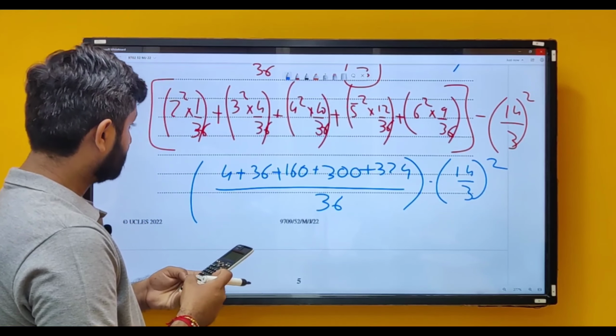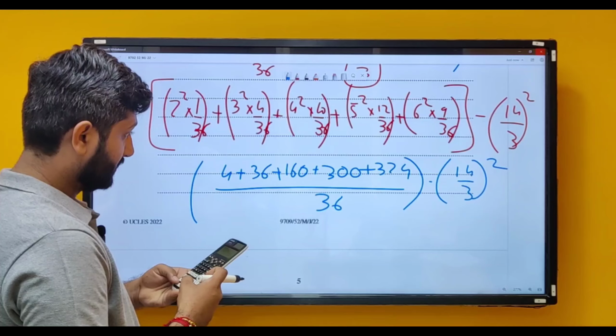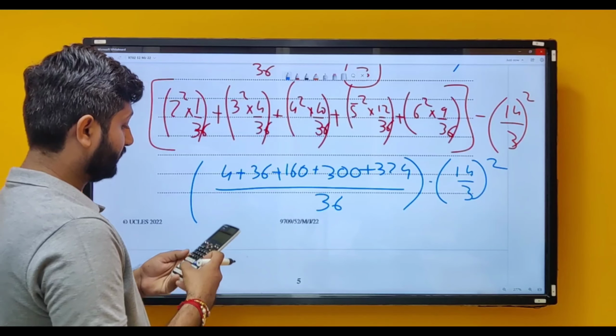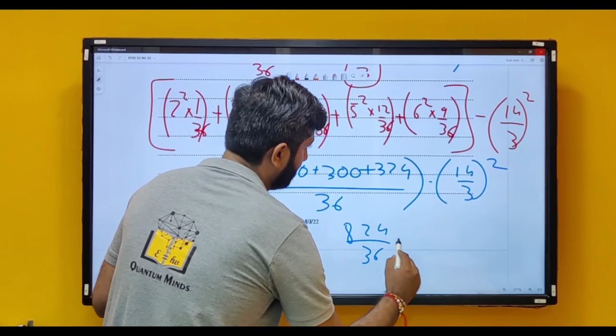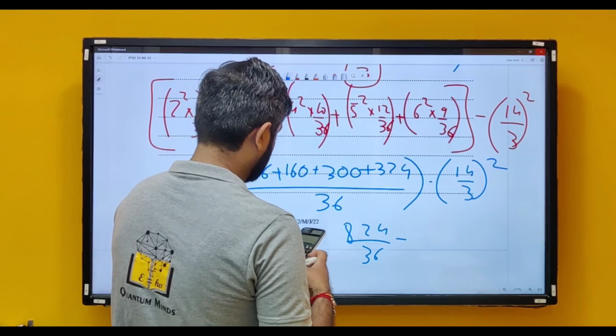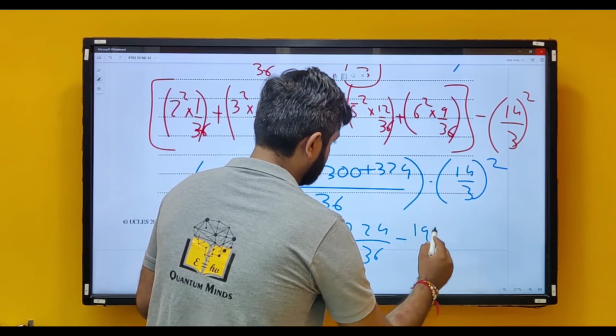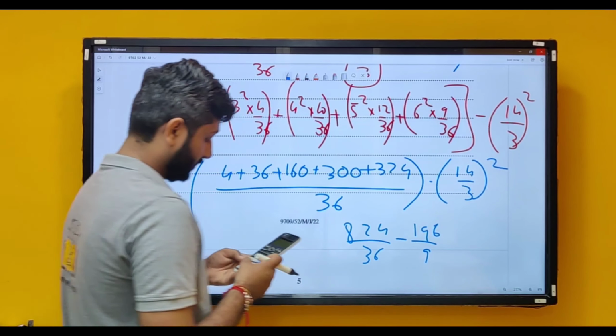So 4 plus 36 plus 160 plus 300 plus 324, this is 824 upon 36 minus 14 square is 196 by 9.